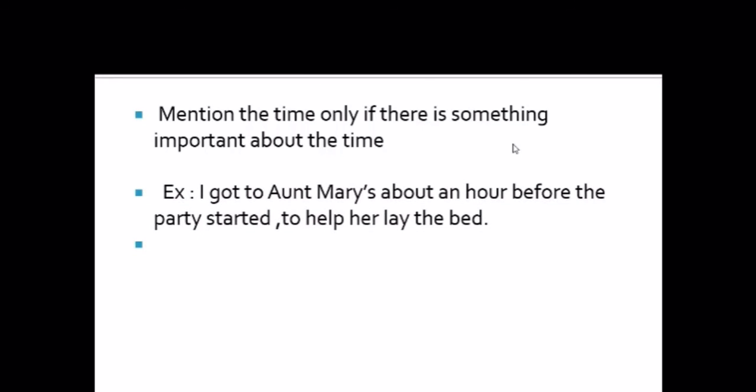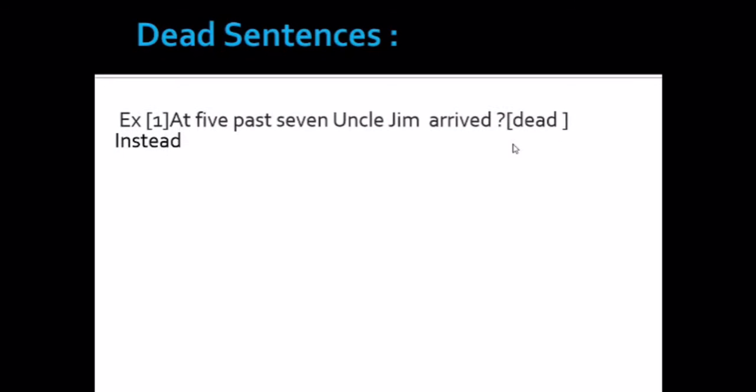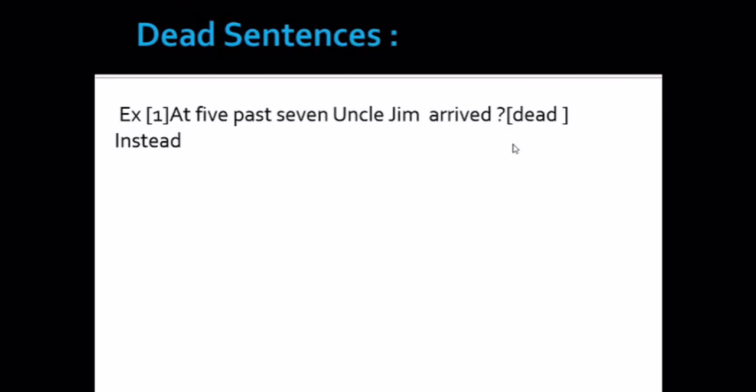Instead, I can say what? I got to Aunt Mary's about an hour before the party started. I didn't mention the clock, but I said that it was before the party. And I also developed my idea, and I said why I went there before the party: to help her lay the bed. Let's have a look at the sentence. What do we call the sentence?